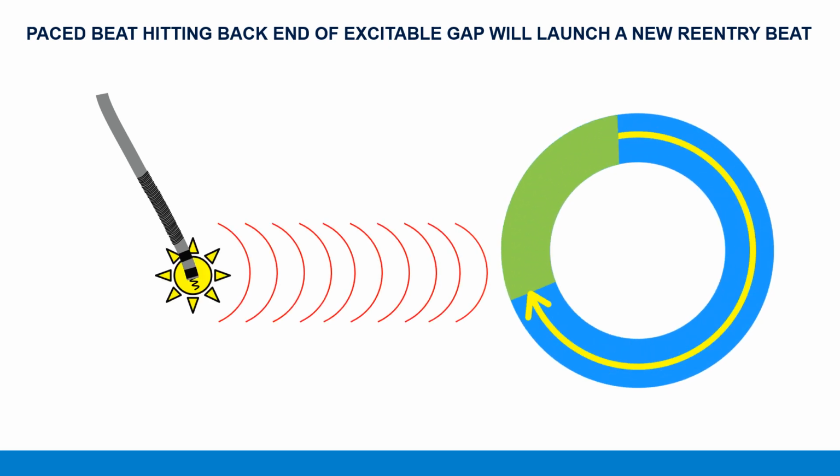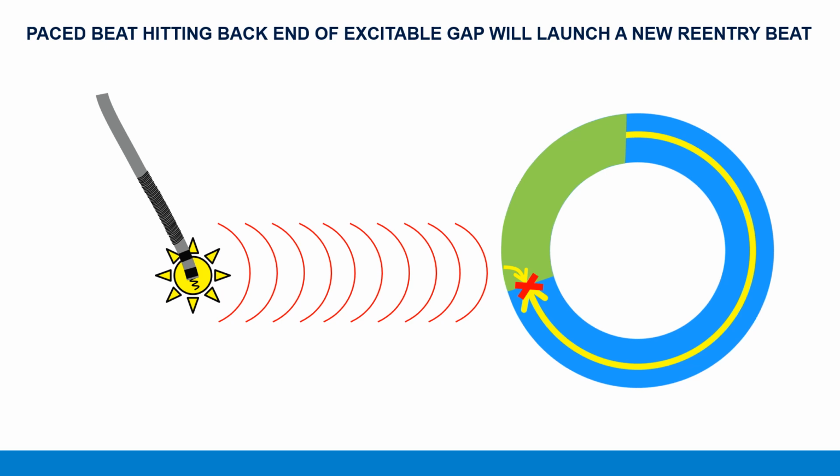In this case, we send a wavefront to the tachycardia and hit the excitable gap at its back end, near where the arrowhead or the oncoming wavefront is approaching. As we hit excitable tissue, we'll be able to then propagate wavefronts in both directions, forward and backward. The backward or retrograde wavefront is going to collide with the oncoming tachycardia wavefront and extinguish.